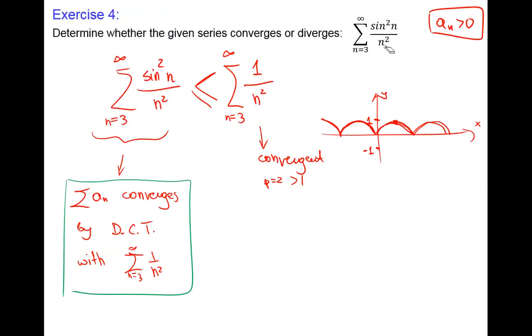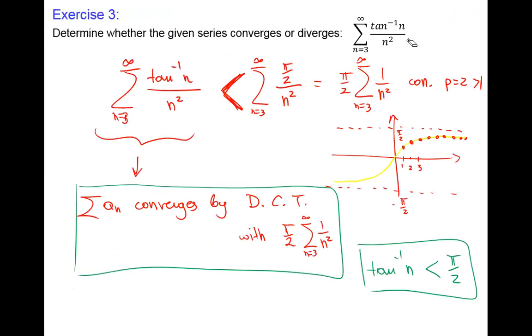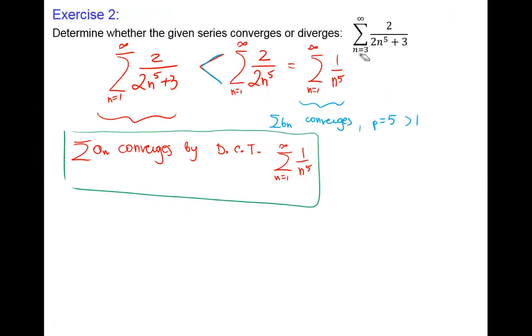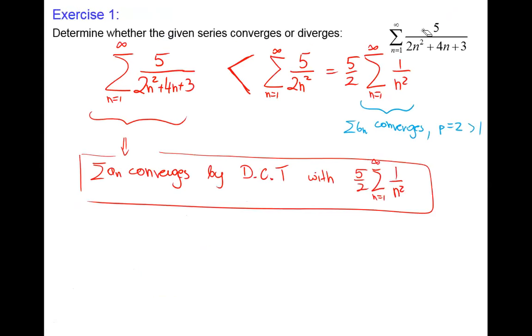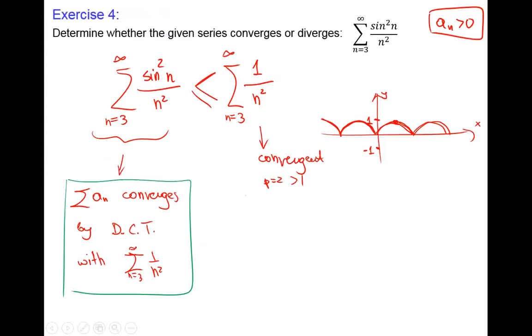If I go back to the previous one, it's also positive, and this one is definitely positive. Please remember, if we have negative terms, we can't really compare. It's also worth remembering that here I compared sine squared of n with 1. It's worth remembering these comparisons.